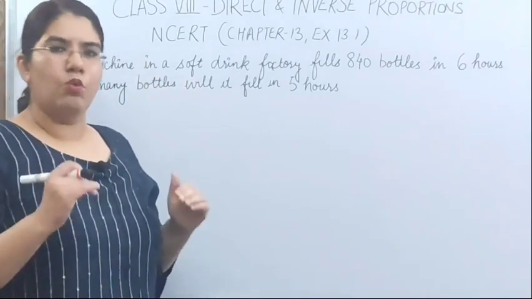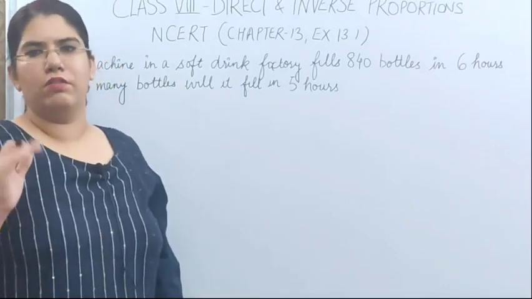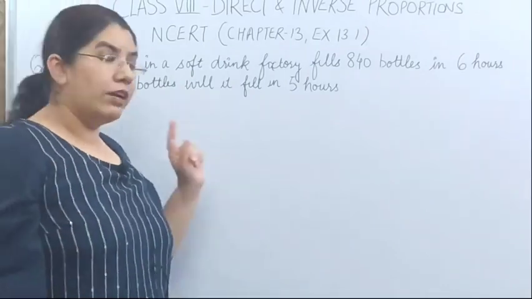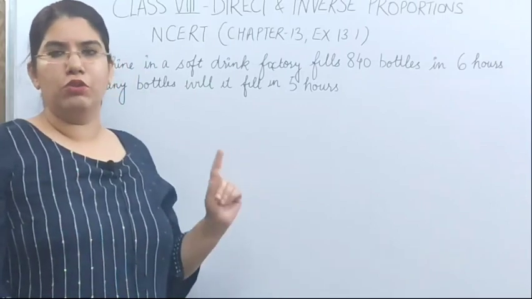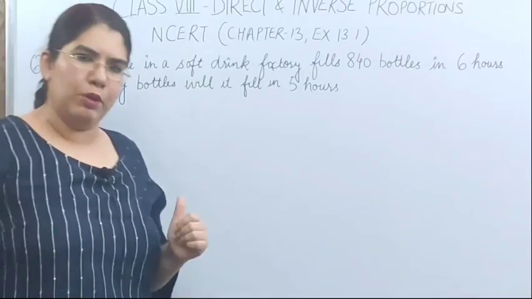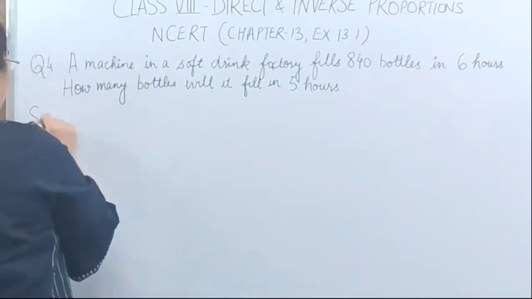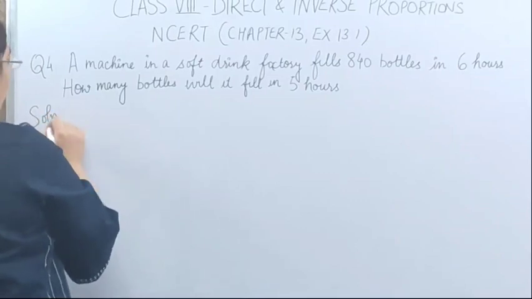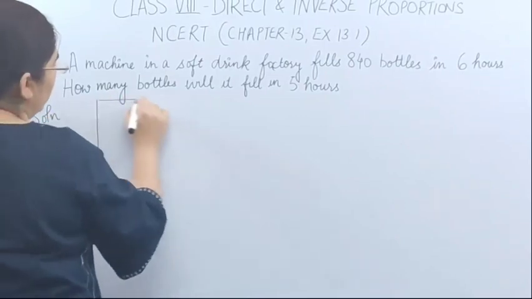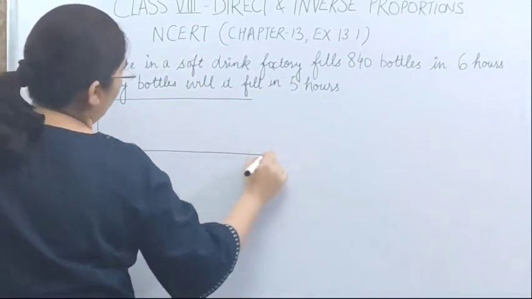Yes. So once we have established that it is a case of direct proportion, what is the first step that I told you we need to do? We need to tabulate. So first step is to put this information in tabular form.